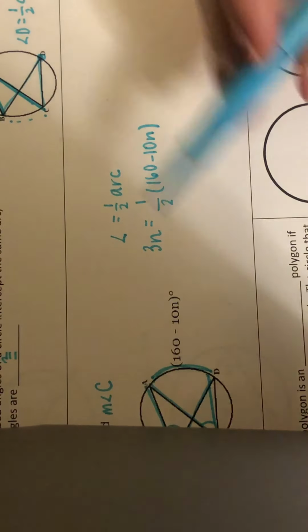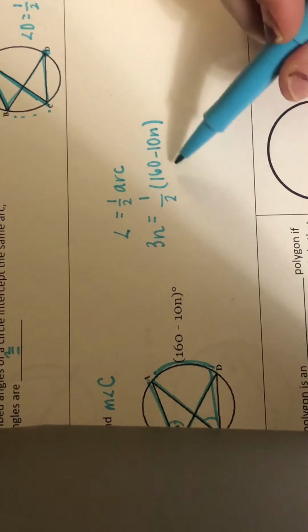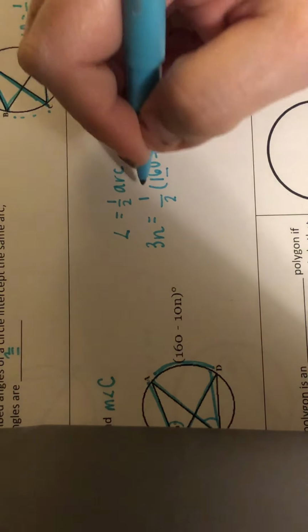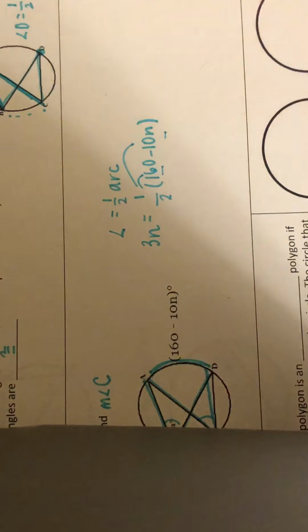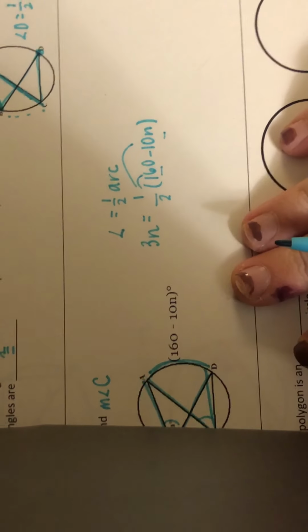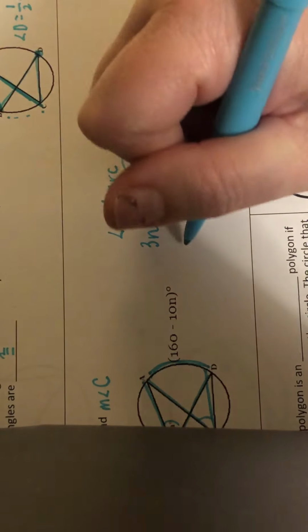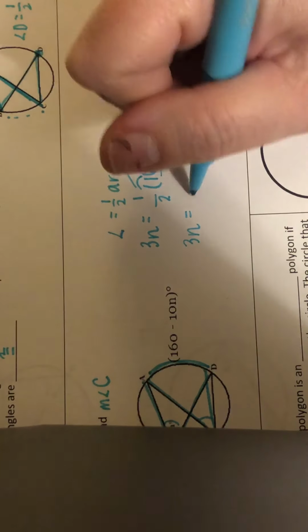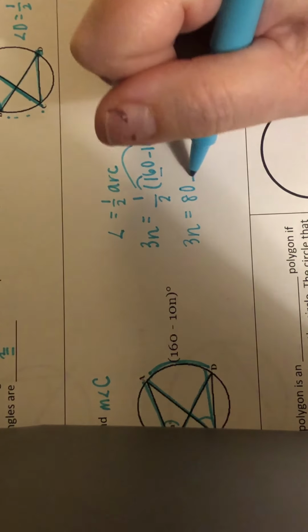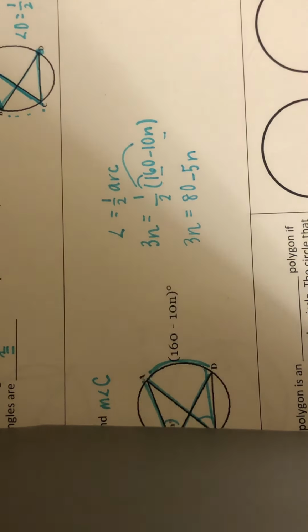Now, obviously, at this point of your algebra, you've got some options. If these are even numbers, it's easy to take half of even numbers, so you can just distribute the half. Or, obviously, you can multiply both sides by 2. Since they're even, I think I'll just distribute it. So that's 80 minus 5n.